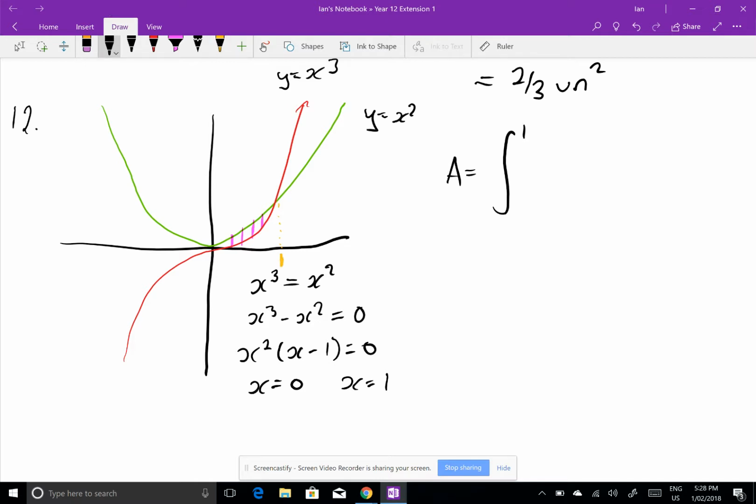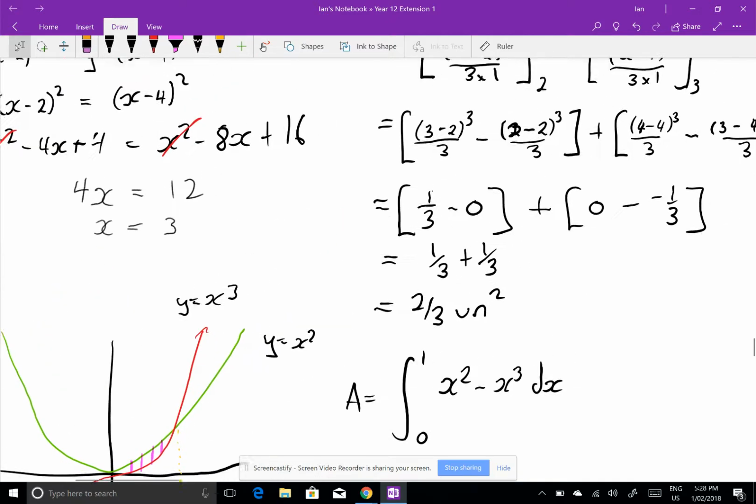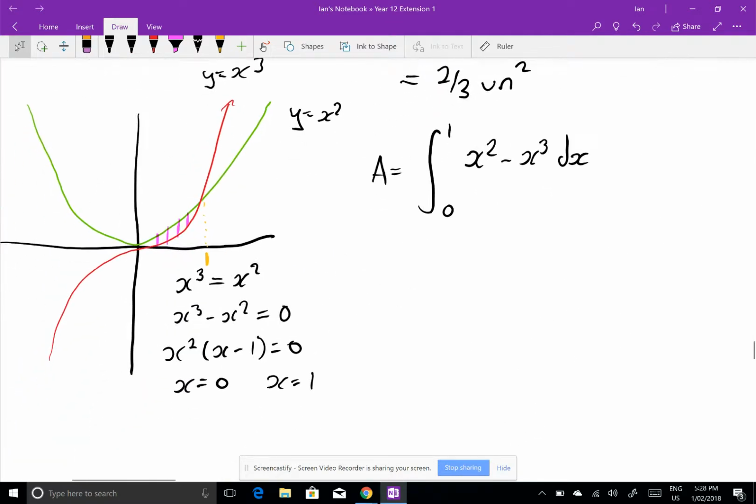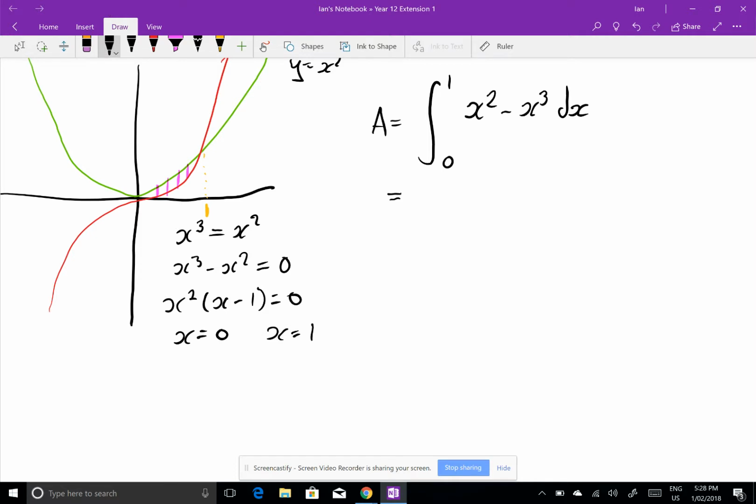Between 1 and 0 of, now what's on top? The x squared. X squared minus x cubed dx. Did I put the dx's in the previous one? Yes, I did. Nice and easy now. And, oops, we don't need that because we're going to integrate. X cubed on 3 minus x to the 4 on 4 between 1 and 0.